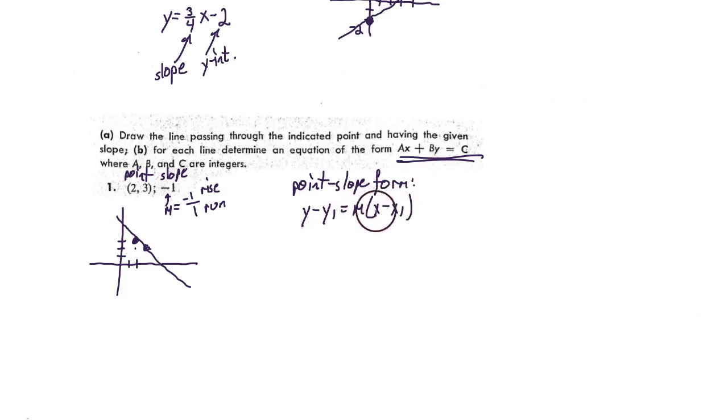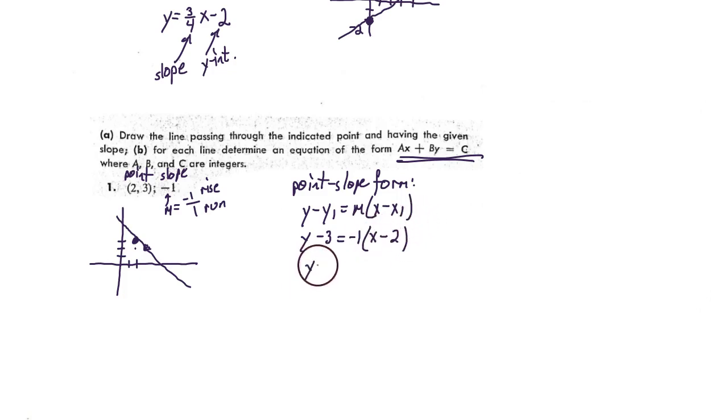I realize this doesn't have the pattern that we're asked for, but this is how we're going to begin because point-slope form fits our given information, a point and a slope. For y1, fill in the 3. For m, fill in -1. For x1, fill in the 2.